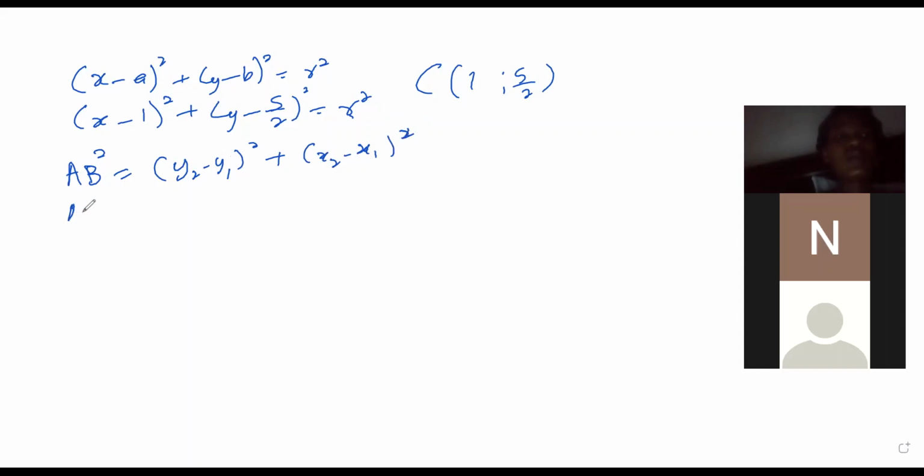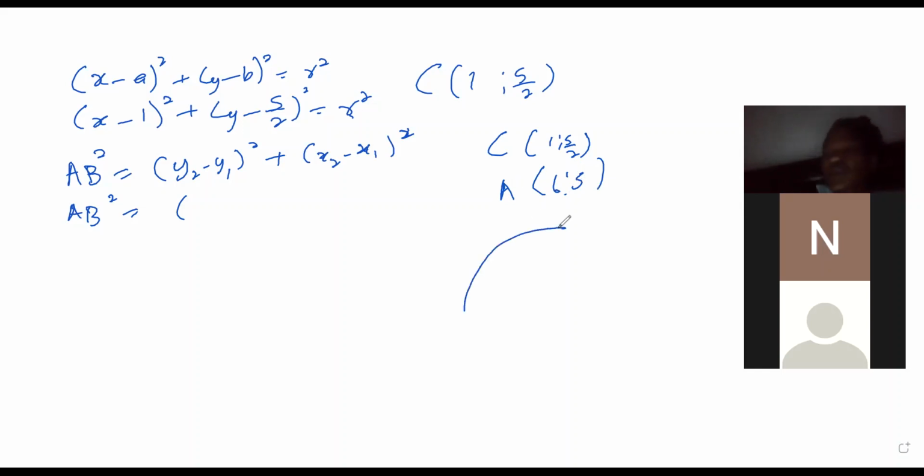Okay, so AB squared is y2... We had r, which is between C, which is 1 and 5 over 2, and the other one was A, which is 6 and 5. Okay, so our circle was like this.